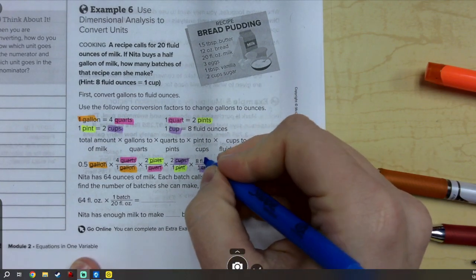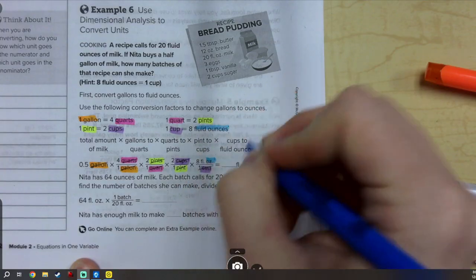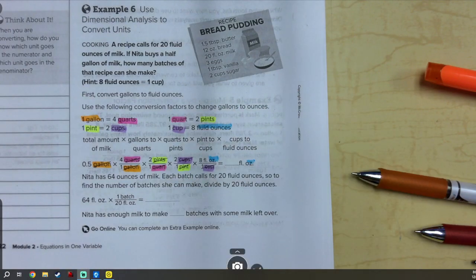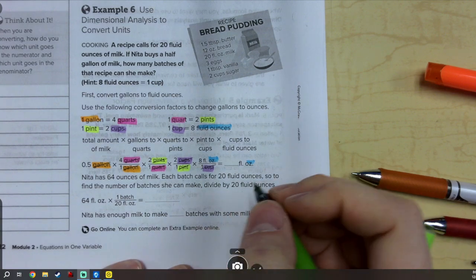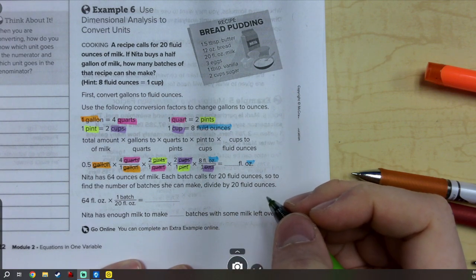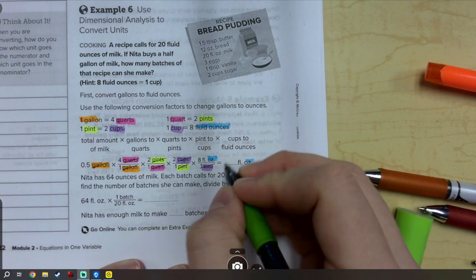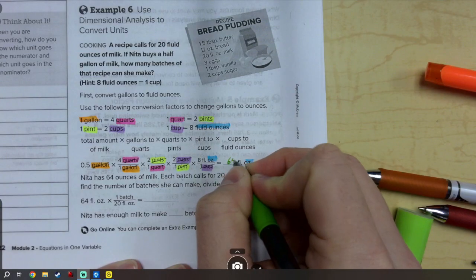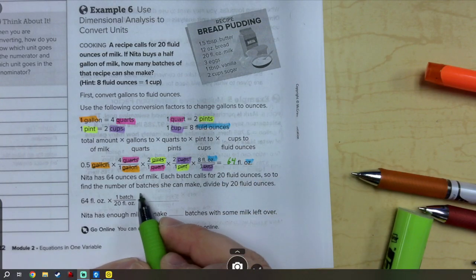And we are left with fluid ounces. So doing this, we get 64. Nita has 64 ounces of milk.